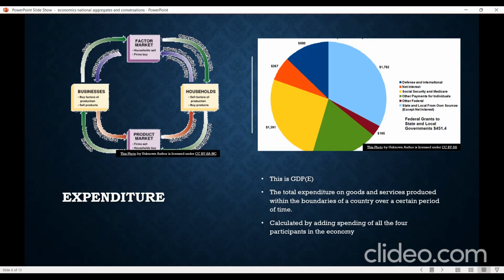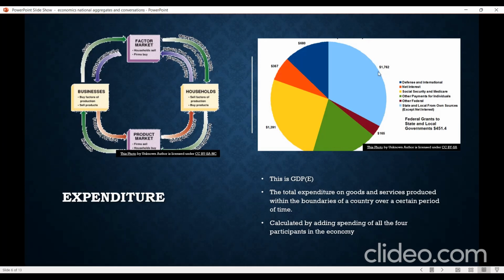We speak of the businesses and the households. However, our firms are not included and our foreign sector is not there, but they are included under the expenditure method. Now, we also look at an example of spending by the government, right?